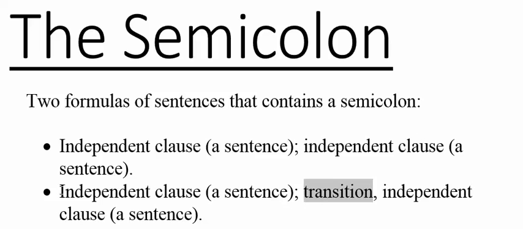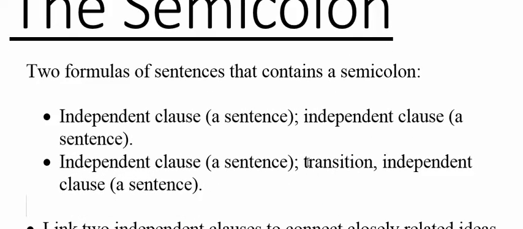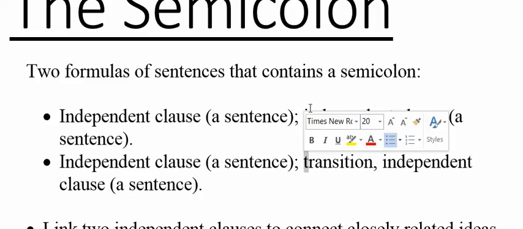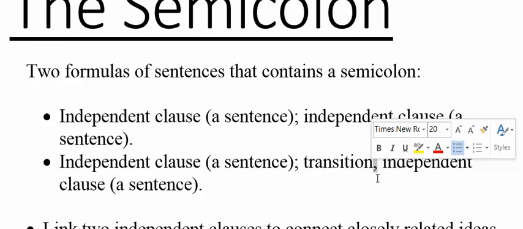You still have a complete sentence here, and you still have a complete sentence that follows. The difference is, again, you have a transition, small case, just like up here, and you also have this comma that separates it from the rest.